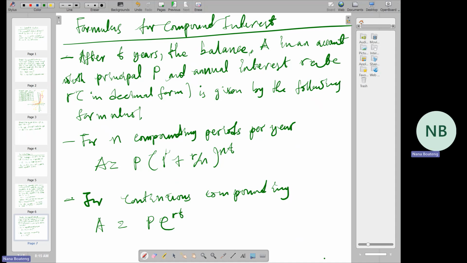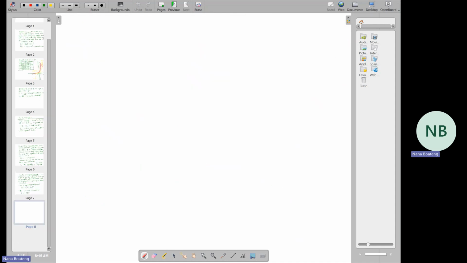All right, so let's use an example to go over this formula. So this would be our example 5.